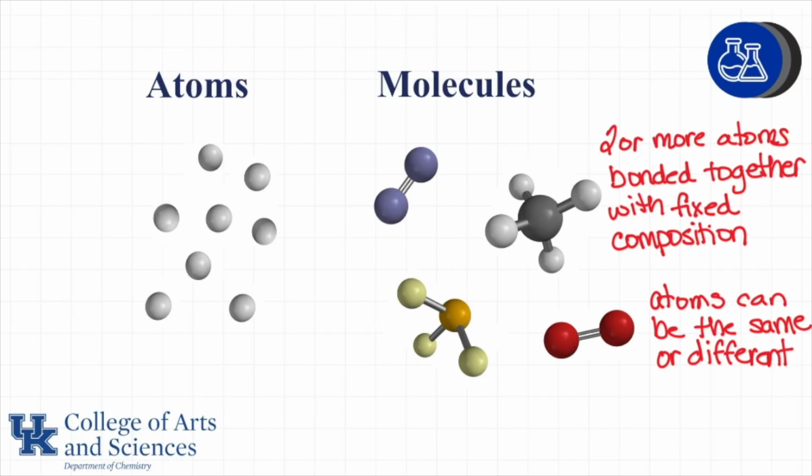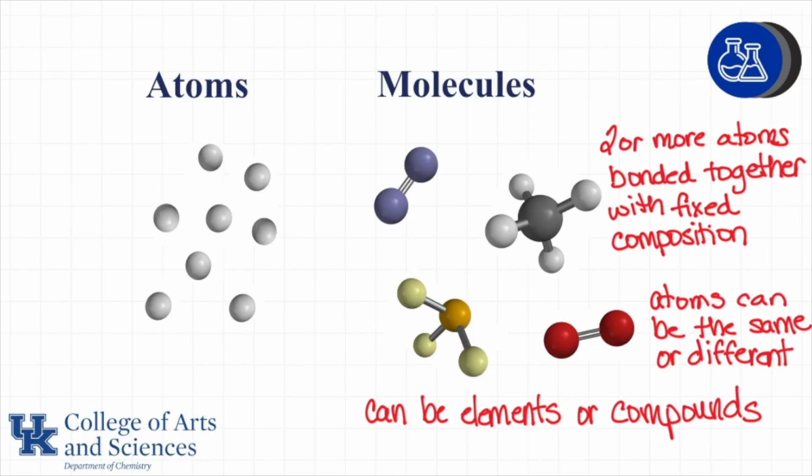So we've seen molecular elements like F2, 2 atoms of fluorine, but we can also have compounds that have different elements in them that are also molecules. So molecules can be either elements or compounds, depending on whether the atoms are the same or different. Let's look at some examples.